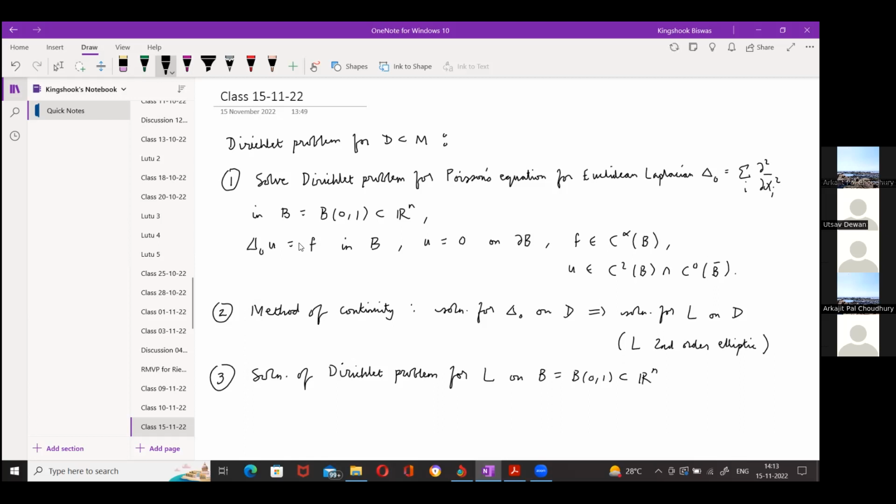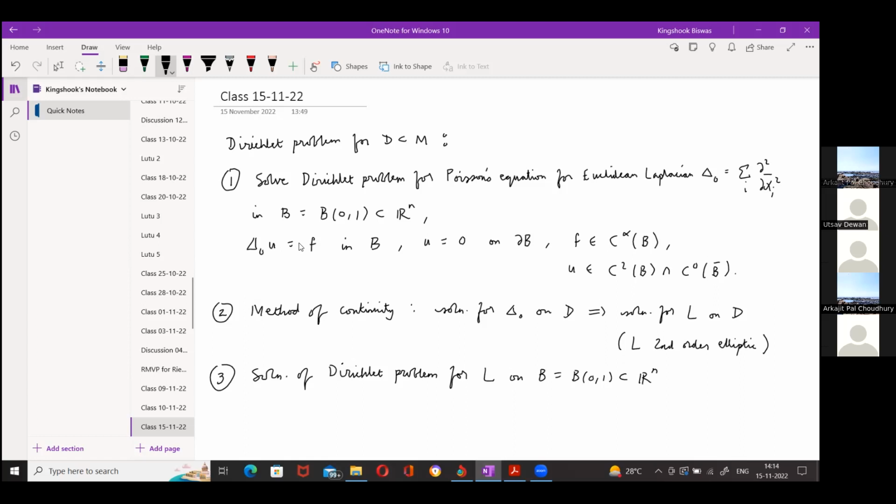Because for the unit ball, we already have the solution for the Laplacian, and then the method of continuity tells us solution for the Euclidean Laplacian implies solution for any second order elliptic operator L, right? So therefore, the solution of the Dirichlet problem for any elliptic operator L on the unit ball. Okay.